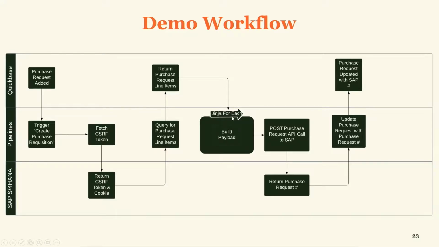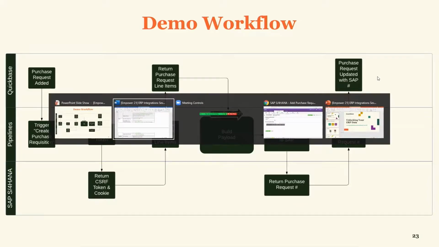Then we're going to use that tool Jinja that Adam introduced to build out a single API payload that makes a request to SAP, taking the purchase item header and all of the line items into a single call. SAP is going to process that request and return a purchase request number that we're going to take and update Quickbase with. That's going to be important for subsequent requests to SAP where we want to make an update to a purchase request. We'll be able to do that because we have the SAP purchase request number.